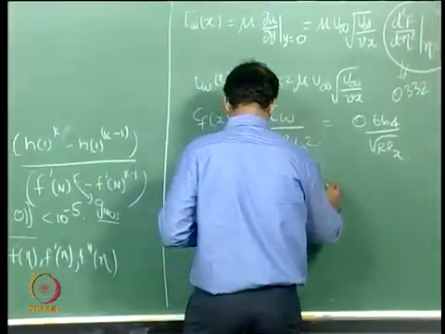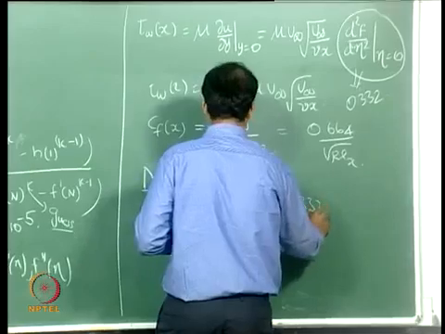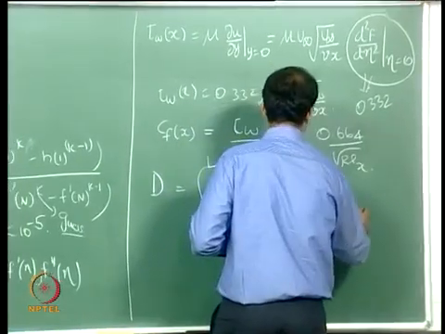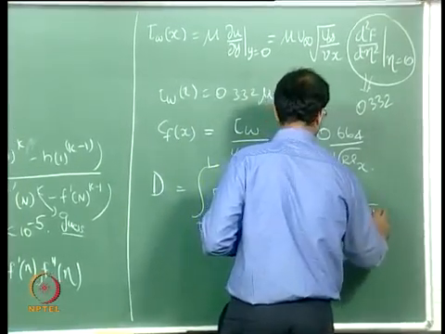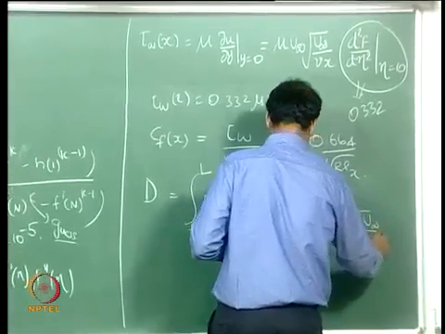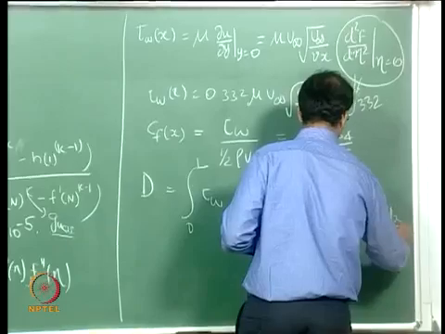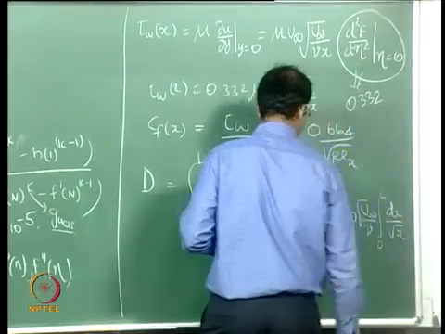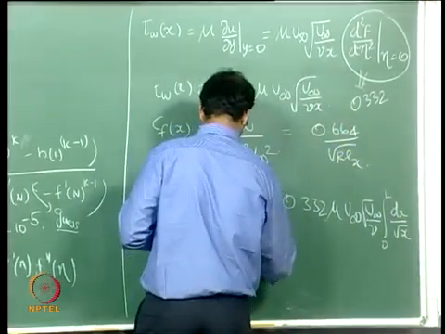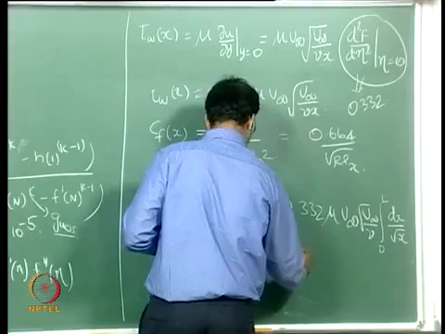So if I substitute, this will be 0.332, which gives me the value 0.664.